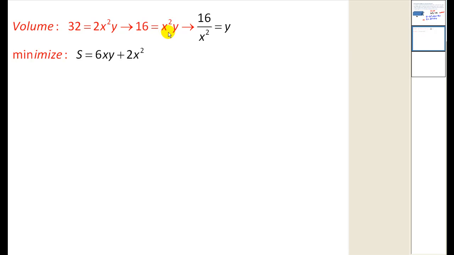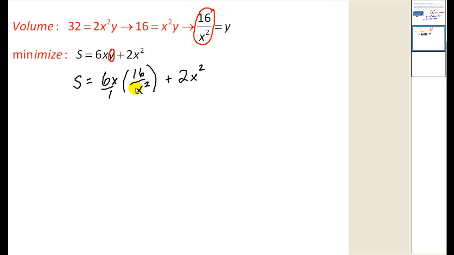Divide both sides by x squared, we have y is equal to 16 divided by x squared. So wherever we see y in the second equation, we can now replace it with 16 divided by x squared. So we'd have 6x times 16 divided by x squared, performing that substitution, plus 2x squared.